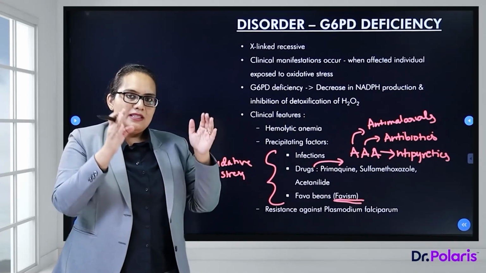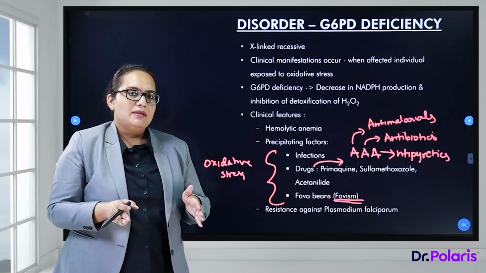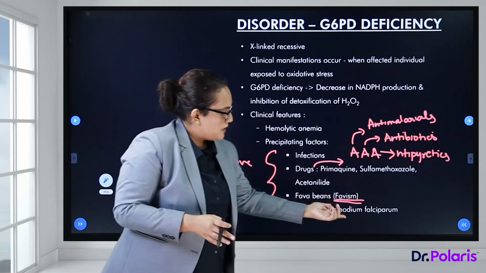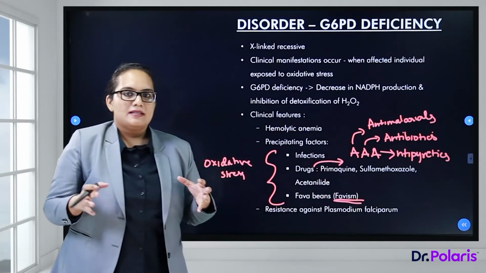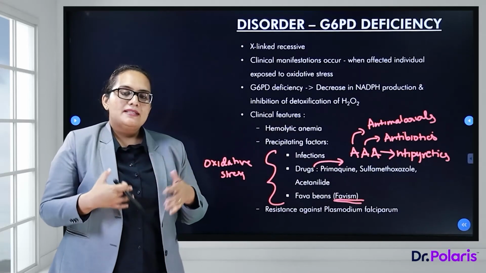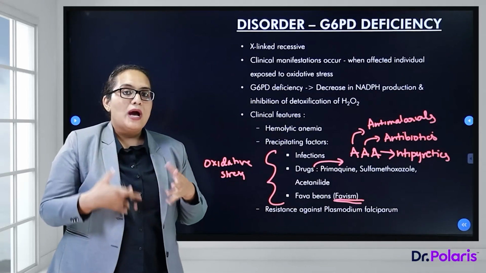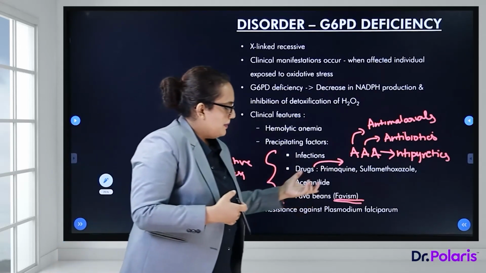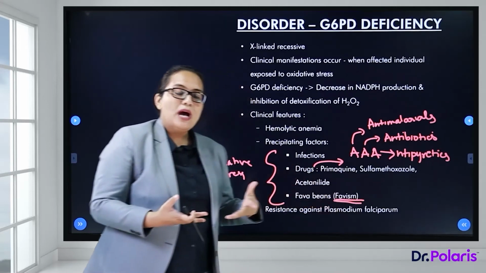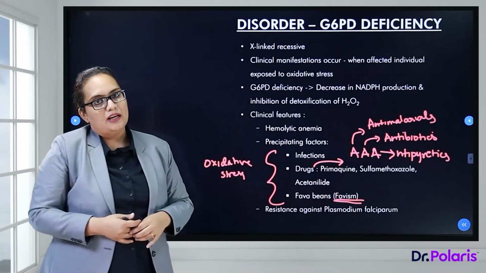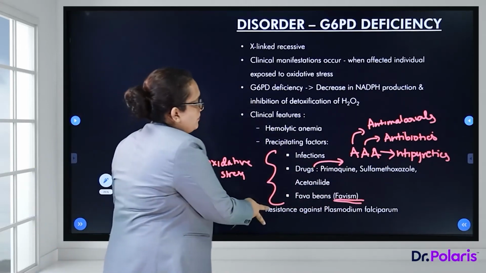So with the reduction in the lifespan of the RBCs, the life cycle of Plasmodium falciparum cannot exist, because the parasite requires a certain amount of days to grow and proliferate. So that is not being able to happen because the lifespan of the RBCs is reduced.